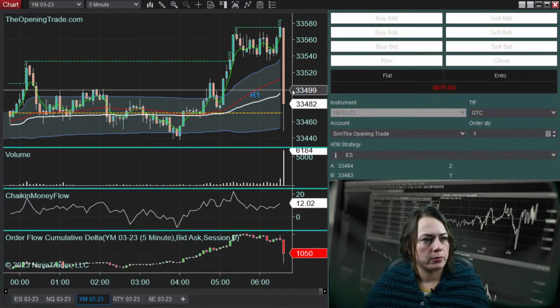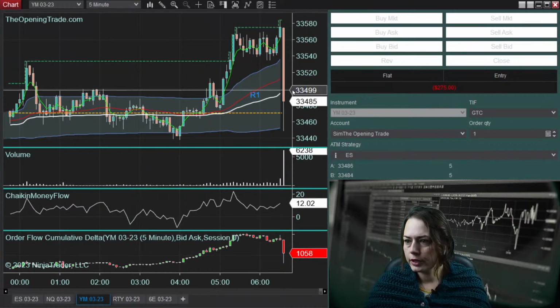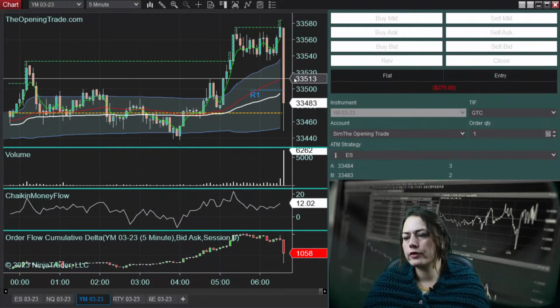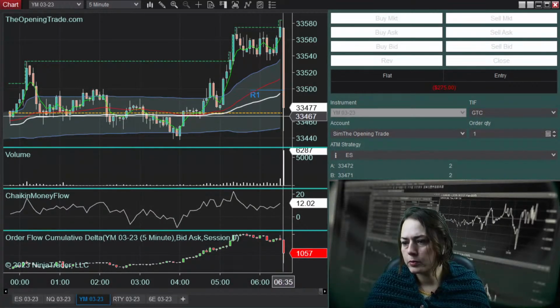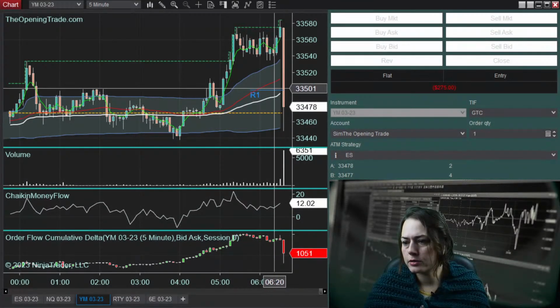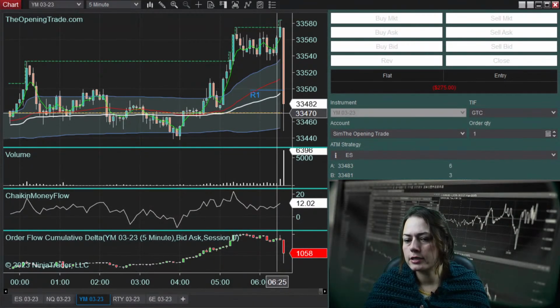This is the first one above the pivot point. You see our pivot point is this gold line. Sorry, this gold line is not the pivot point.